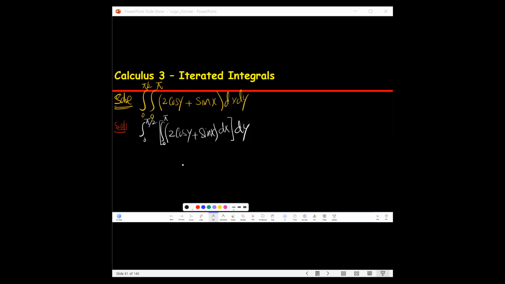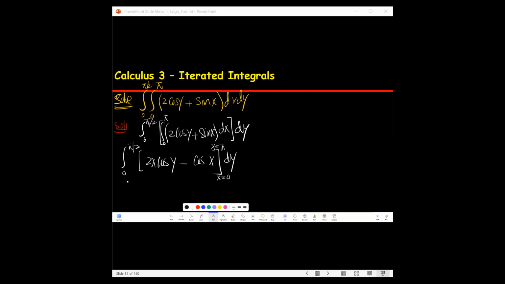Okay, let's solve this one so we can apply the inside integral first. 0 to pi by 2, 2x cos y minus cos x, and then x equals pi and x equals 0, and then dy outside.